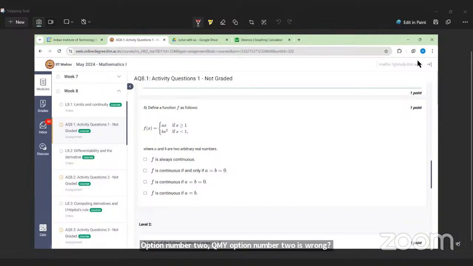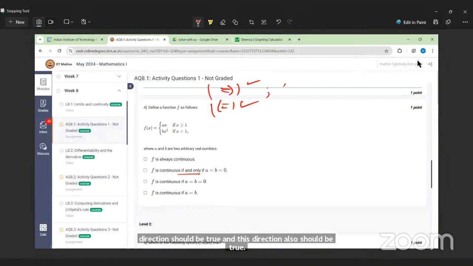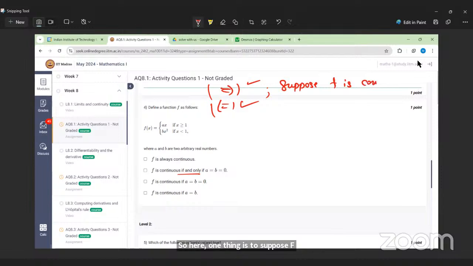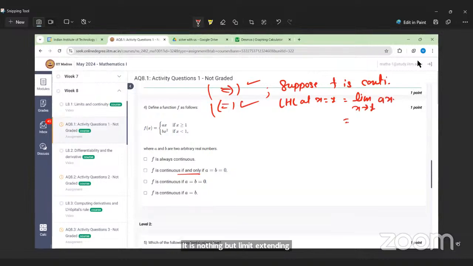So option number 2 says that f is continuous if and only if a is equal to b is equal to 0. If and only if means this direction should be true, and the other direction also should be true. So suppose f is continuous. Then f is also continuous at x is equal to 1. If we compute the left hand limit at x is equal to 1, it is nothing but the limit x tending to 1 of ax, and this is the same as a.